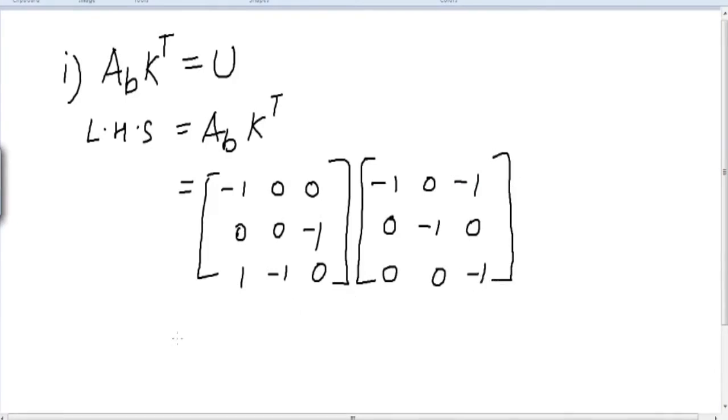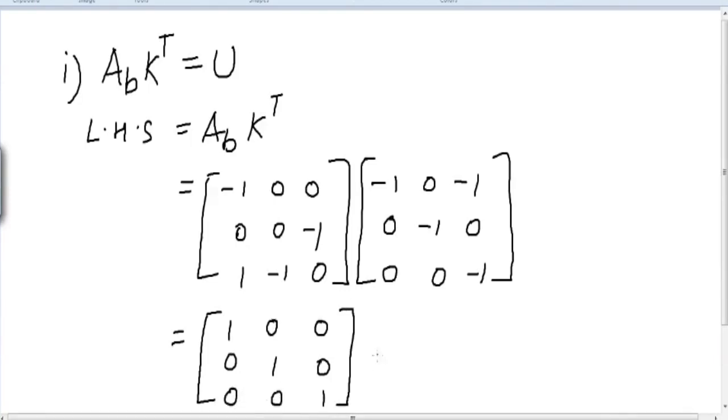For this you need to learn the matrix multiplication technique. You all know how a matrix is multiplied. When you solve this, you will get the result in this way: 1, 0, 0, 0, 1, 0, and 0, 0, 1.